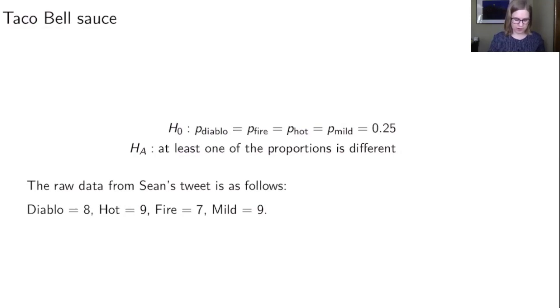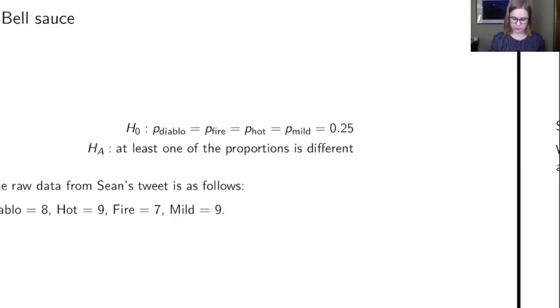And then my alternative hypothesis, as always, is at least one of the proportions is different. So Sean's tweet had some raw data that was shown to us in the form of a photograph. So he had 8 Diablo, 9 hot, 7 fire, and 9 mild. And we want to know, that's not exactly the same proportion of each of those categories, but it's pretty close.